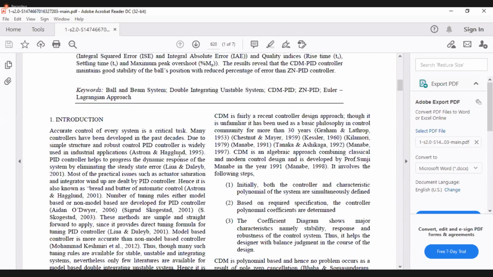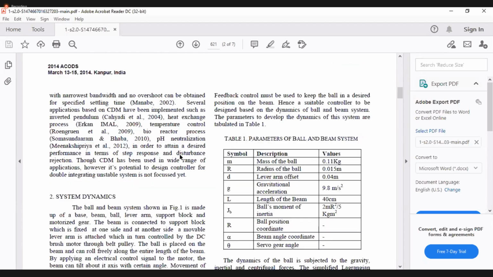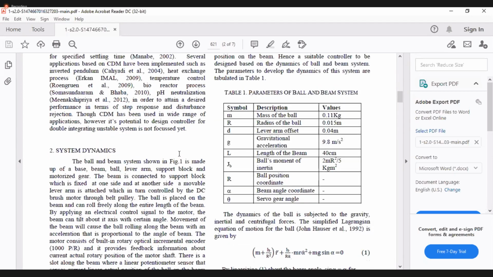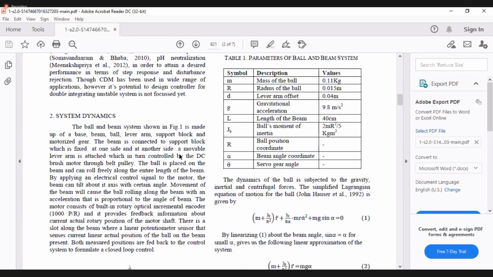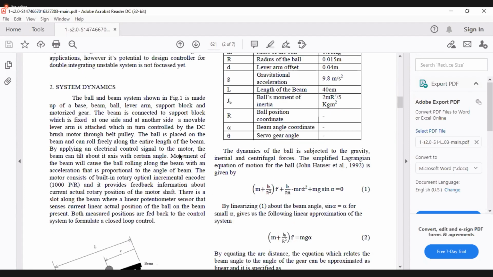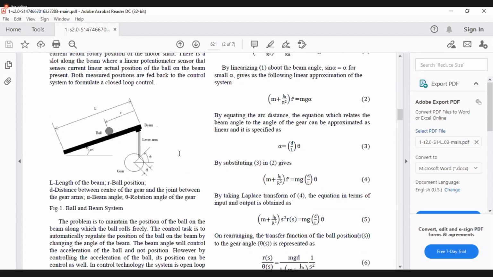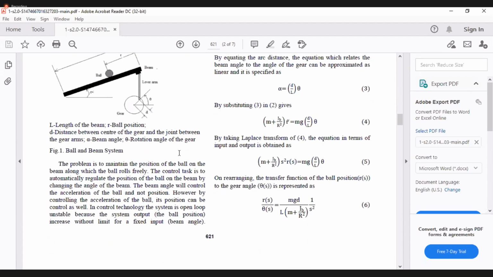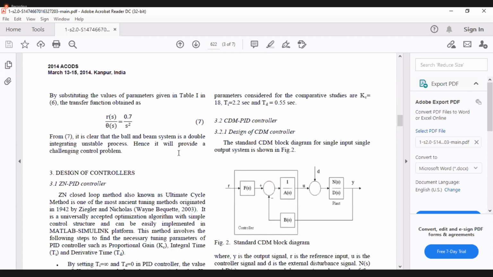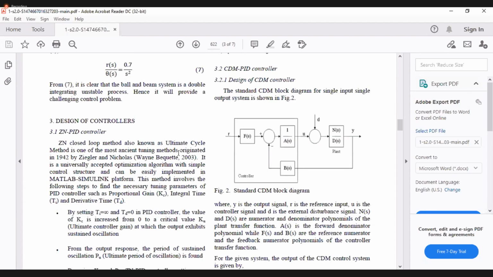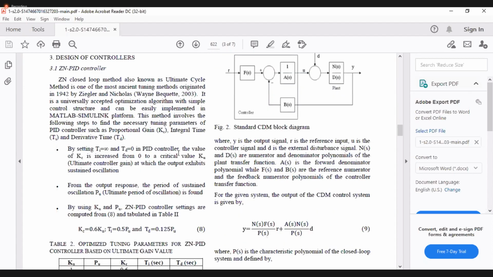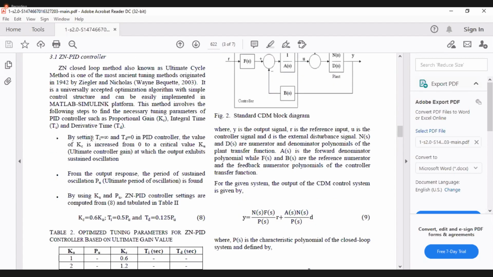But the same thing: introduction, derivation of the system dynamics. You'd like it to do a better derivation. I will send you the material for you to do a better derivation.